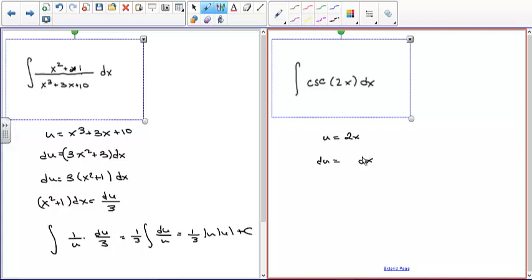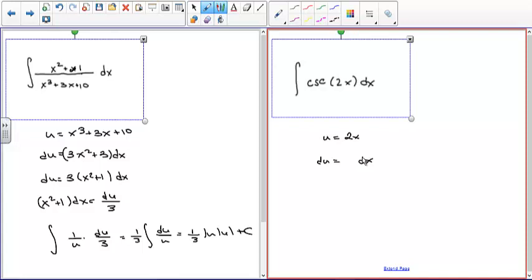It involves the natural log. So I think it's the natural log. Is it negative the natural log, the absolute value, the cosecant of x plus the cotangent of x?